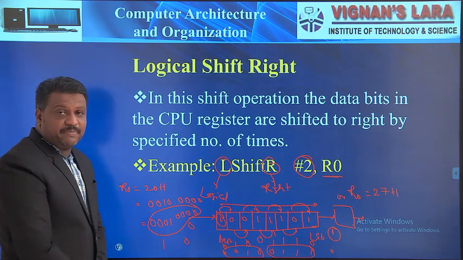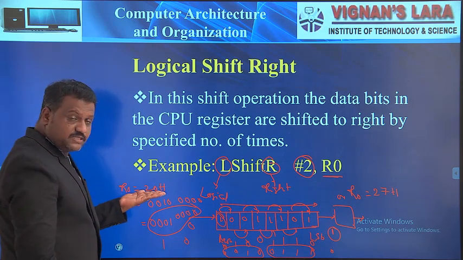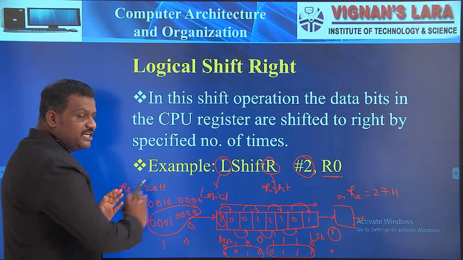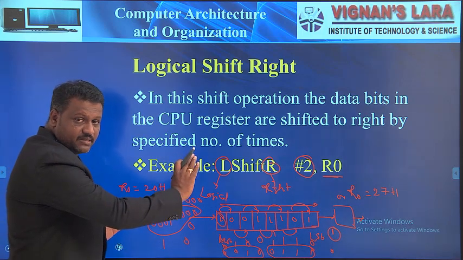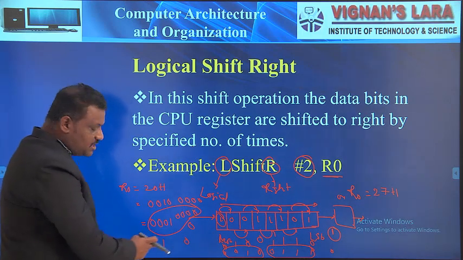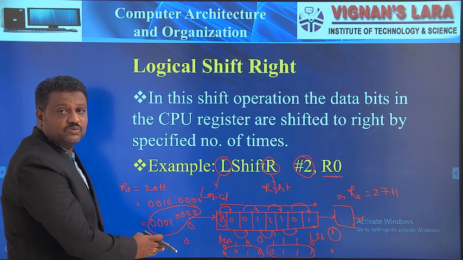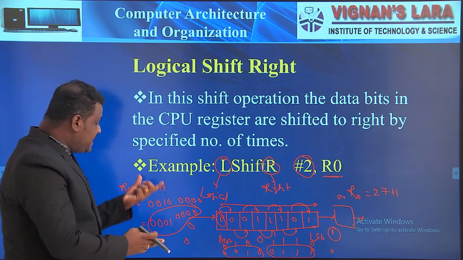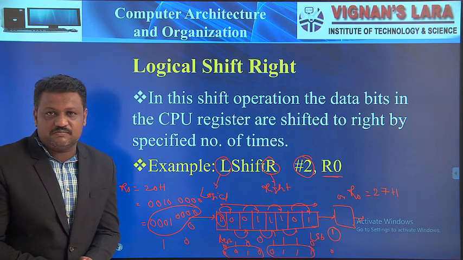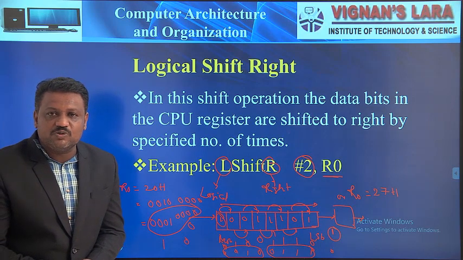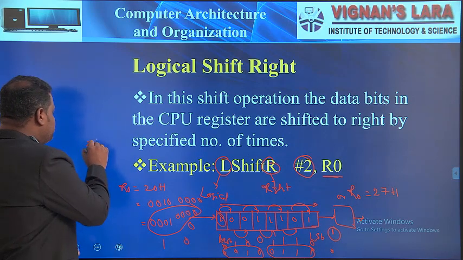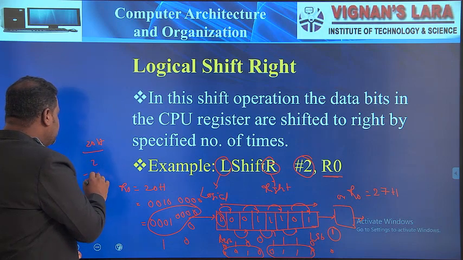That means your input value is 20H. After the data is shifted one bit to the right, the content is reduced to half. That means the input data is divided by 2, because 20H by 2 is equal to 10H.